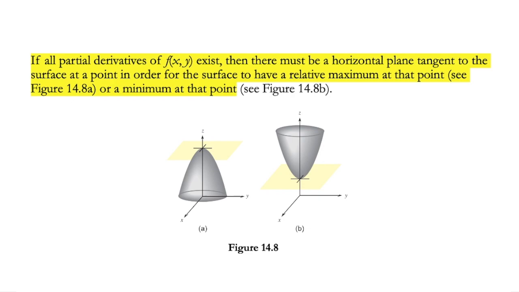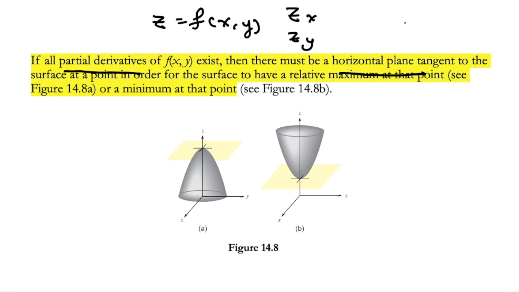Let's say we have a function z as a function of x and y. Let's say if we differentiate z with respect to x and z with respect to y, both of them exist. If all partial derivatives of z with respect to x and z with respect to y exist, there must exist a horizontal tangent plane.